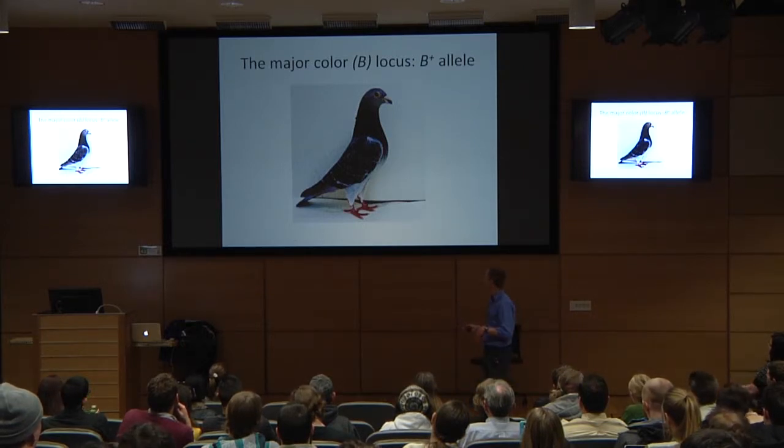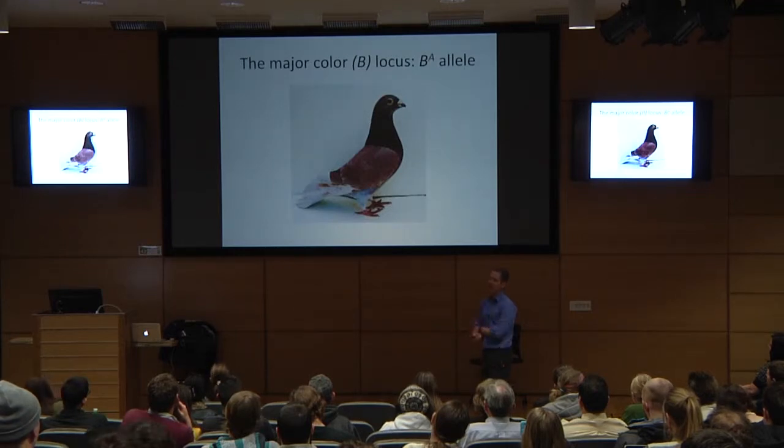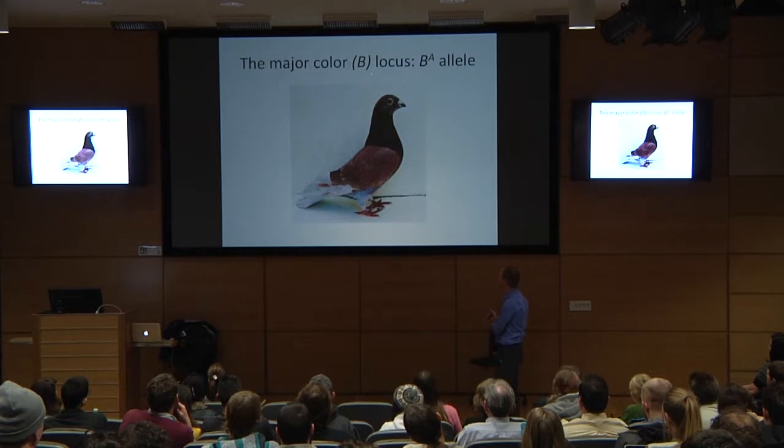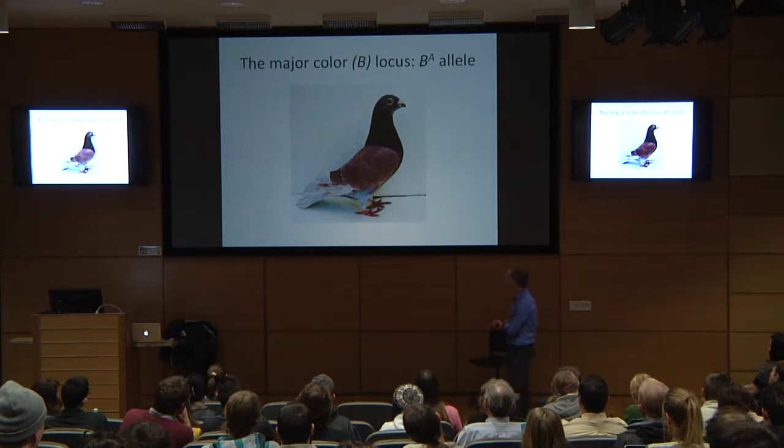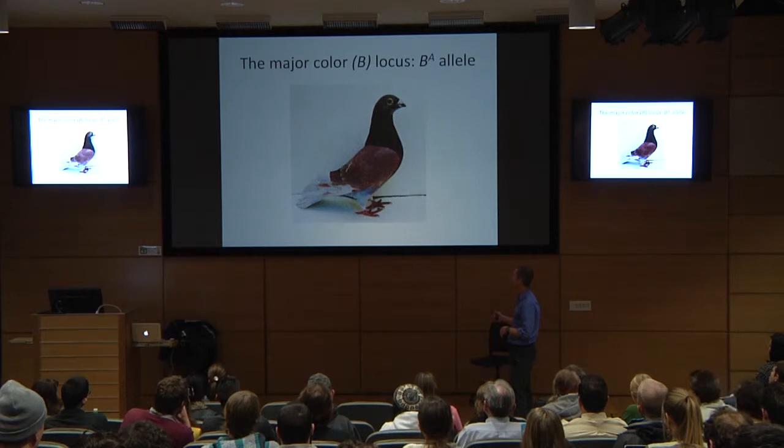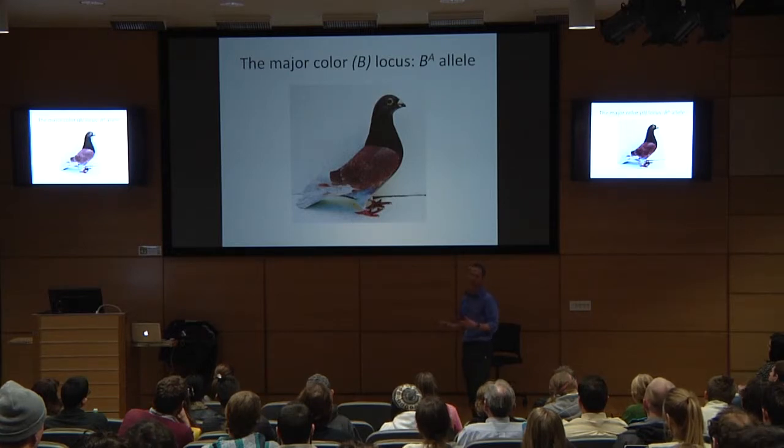Now, we've known through these classical genetic studies that there's a second allele at this same position in the genome called the ash-red allele, which we're going to symbolize with an upper superscript A. You'll notice it has two main effects on the pigeon. It turns a lot of the black feathers into red feathers, but it also turns the flight and tail feathers this ashy gray color, and that's how it got the name ash-red.